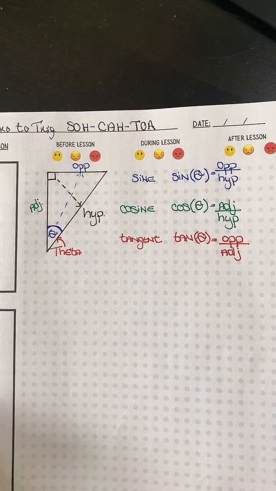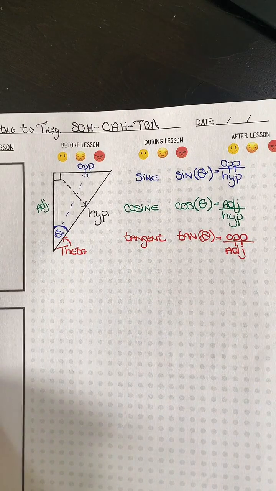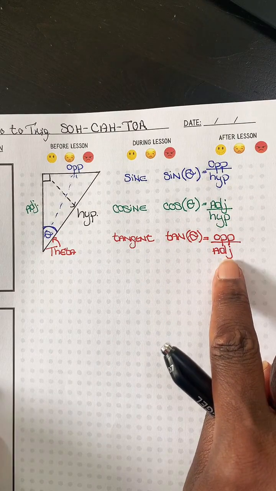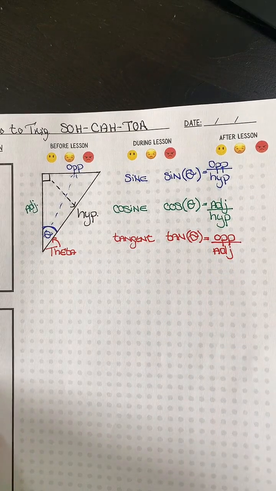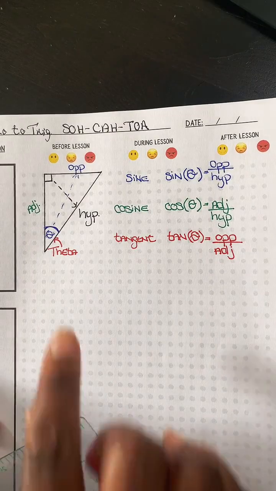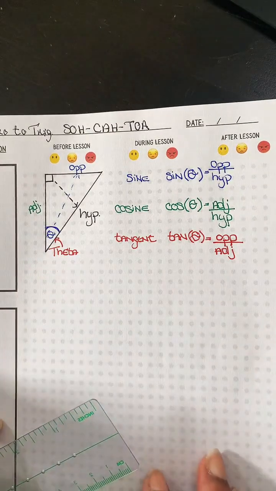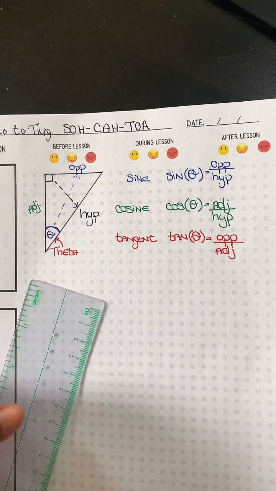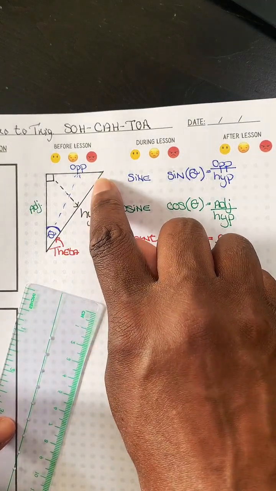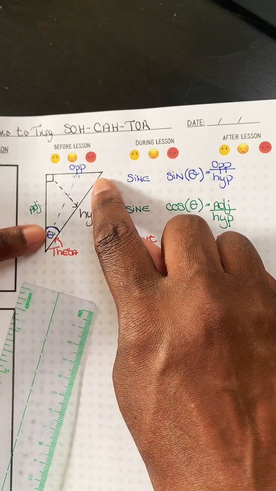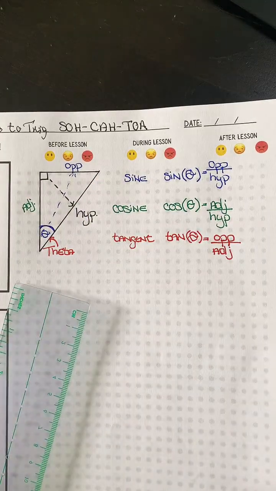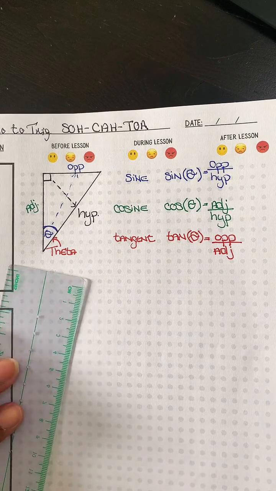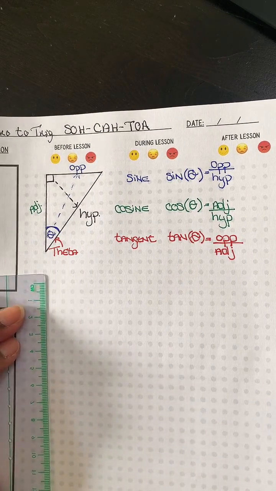So when they want us to figure out what the ratios are, in order to figure out the ratios, you have to figure out which angle is going to be your theta. That's what's most important, okay? You can't just say, oh, I'm using this angle because I felt like it, when they're indicating this angle. You'll get an answer, but it'll be wrong, okay? So we don't want to have wrong answers as best as we can.